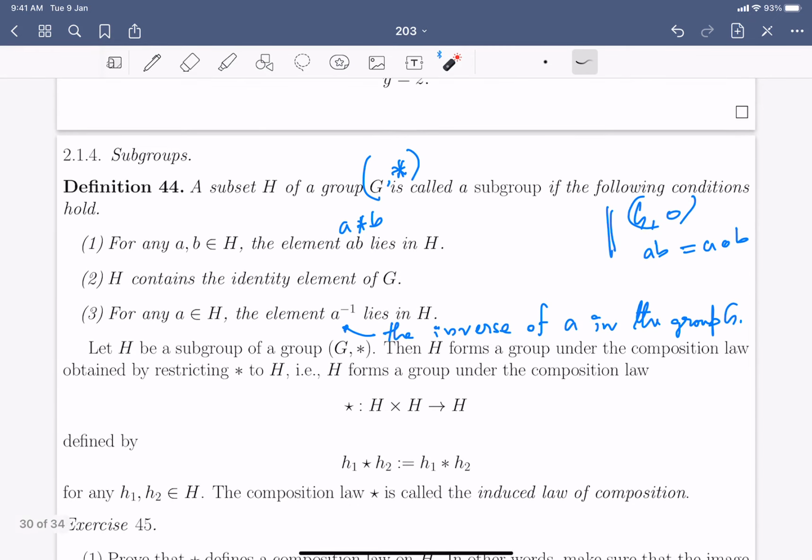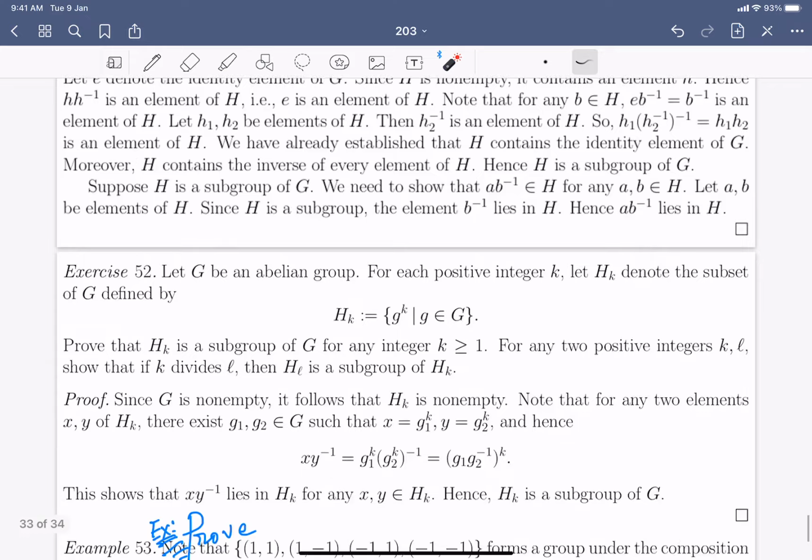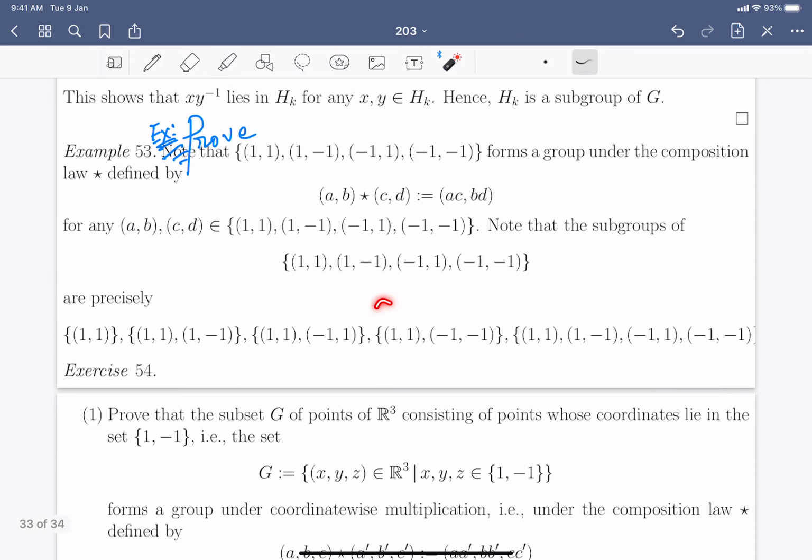While discussing this exercise, I was saying that this forms a group in its own right. If we restrict this composition law to this subset, then this defines a well-defined restricted composition law on the smaller subset.